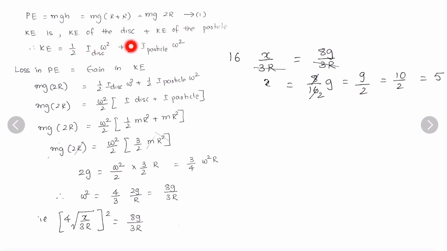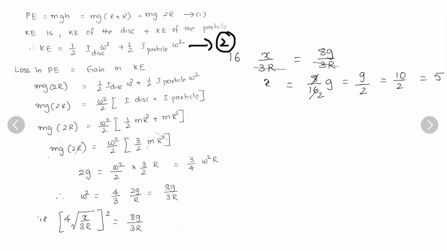KE is half I omega square for rotational motion, where I is the moment of inertia: half I disk omega square plus half I particle, which is attached at the top, omega square. mg2r, which we have already taken from equation 1, and let us say this is equation 2.